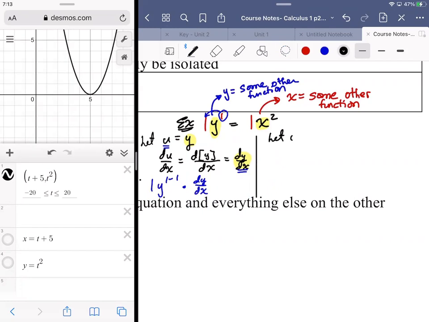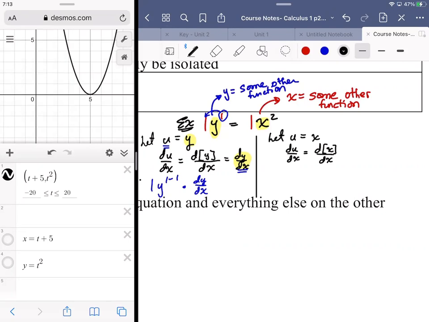I would let u equal x, whatever the base of the expression is. So du/dx would be equal to, well, x could be some other function, and I don't know what that function is. So all I could say at this point is that I would just take the derivative of this x function with respect to x.